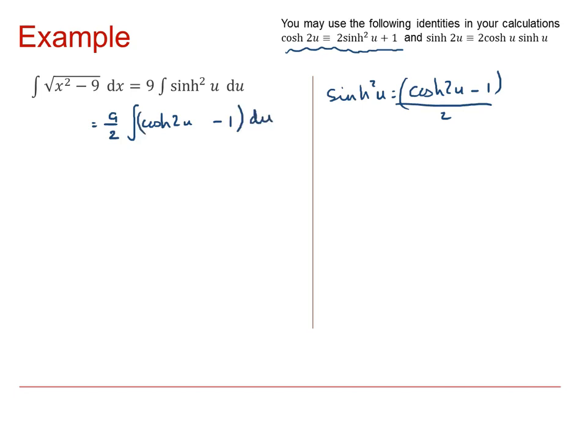And now both of those are things that we can integrate quite easily, so we get 9 over 2, cos 2u becomes 1/2 of sine 2u, and 1 of course integrates to u, so we get 9 over 2 times 1/2 sine 2u minus u, plus constant of integration c.